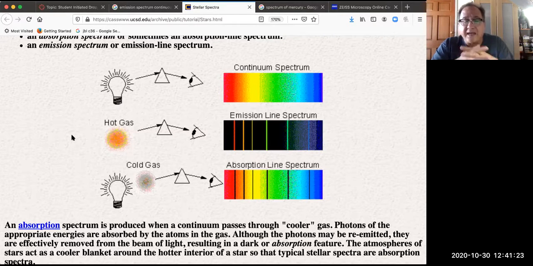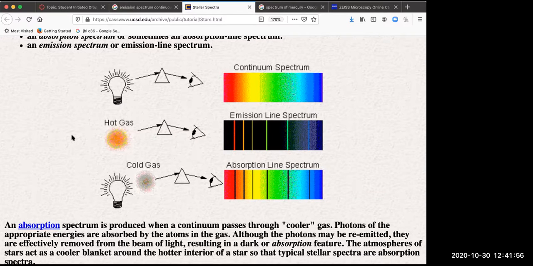Why is it black? It's black because there's no light there. There's no light of that wavelength. So you only see lines of the wavelengths where we can see the colors. That's kind of interesting. That's called an emission spectrum because the gas is emitting light. And when you project it onto a screen, that's what you see.